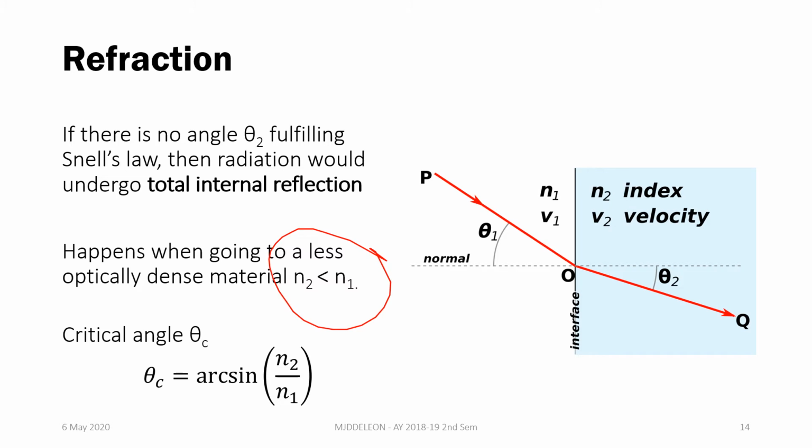So the critical angle for the transition from material 1 to material 2 can be given by this equation here. Theta C is equal to arc sine of the refractive index of the material we're entering over the refractive index of the original phase that we went from.